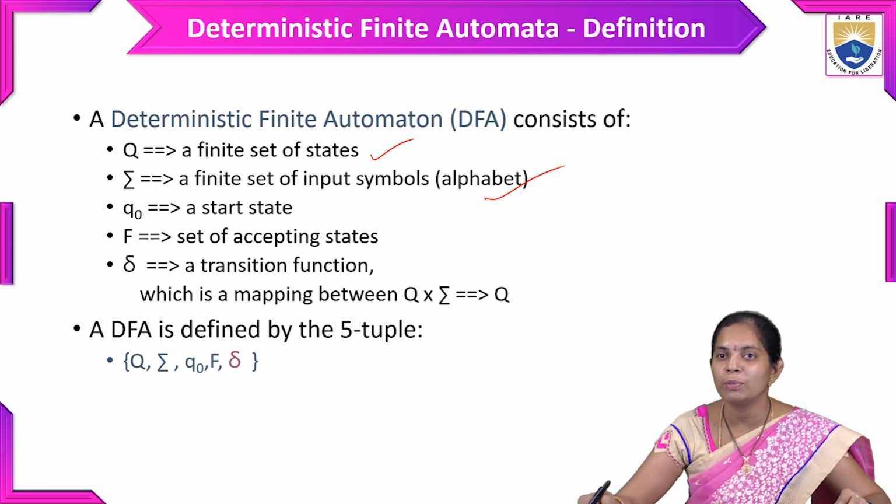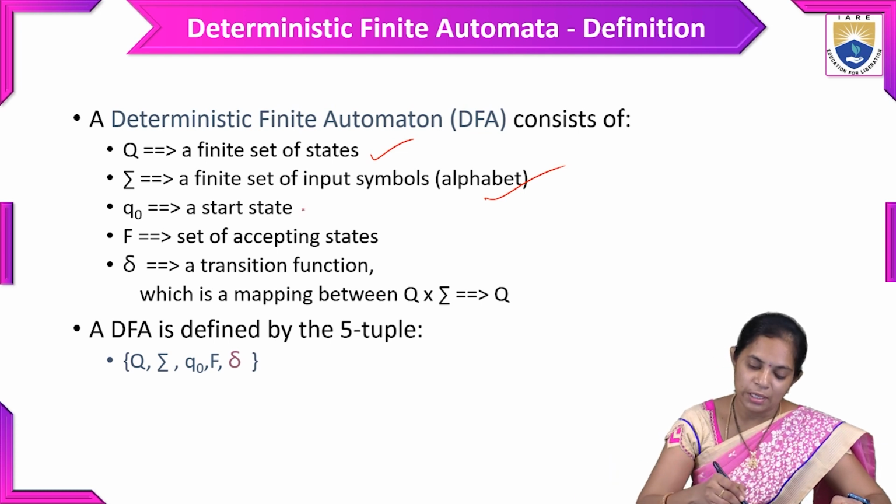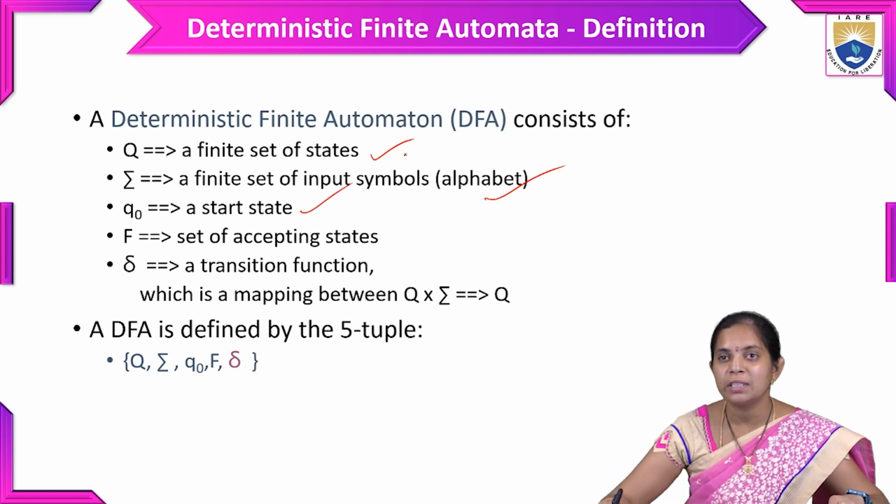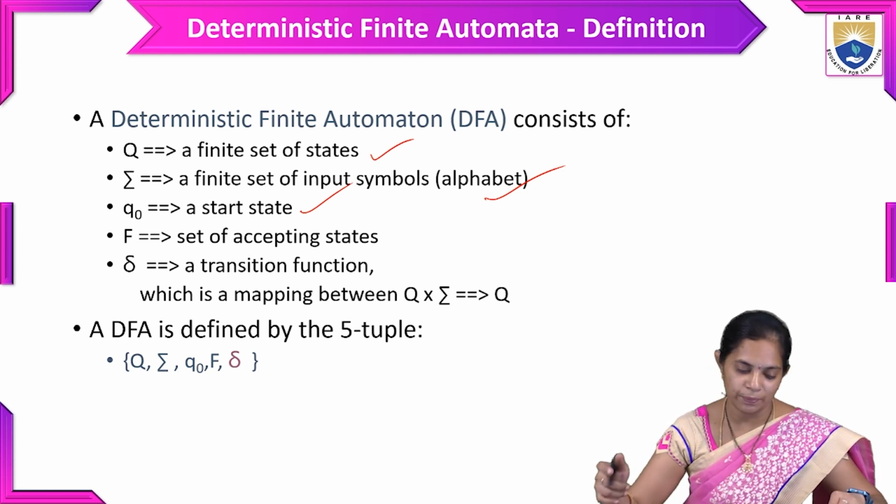Whatever the string formation, the string is formed with the input symbols, like capital and small letters or binary numbers. Those are the examples. And the starting state: to construct a DFA, we need to give one initial state, which is represented as the starting state. We generally denote this starting state with Q naught.